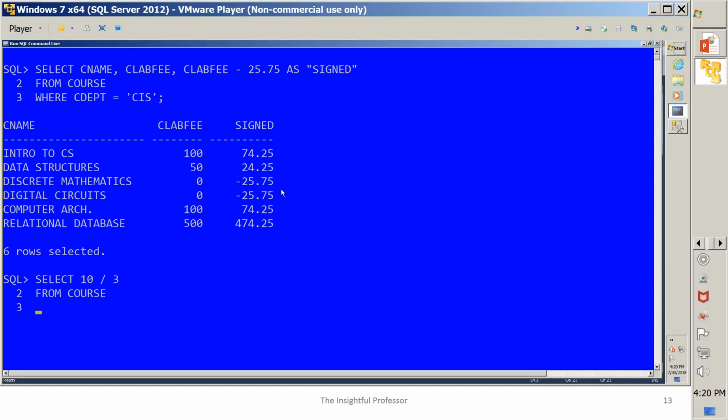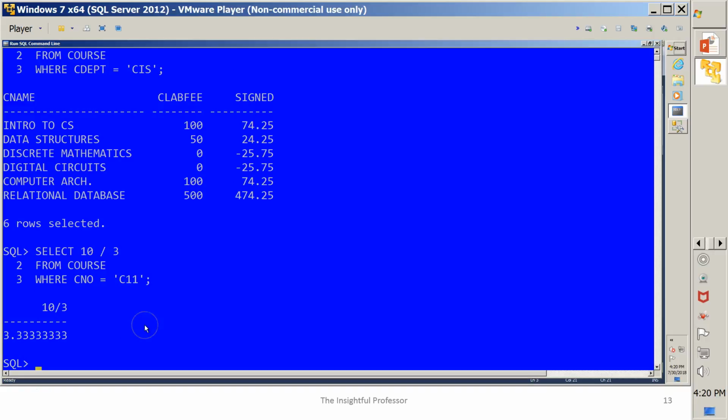And because I only want this to be done one time, I'll include a where clause that says that the course number is equal to C11. The where clause will identify exactly one row, so this select will be evaluated exactly one time. And notice we get 3.3333, and it's one of those floating point or real numbers.